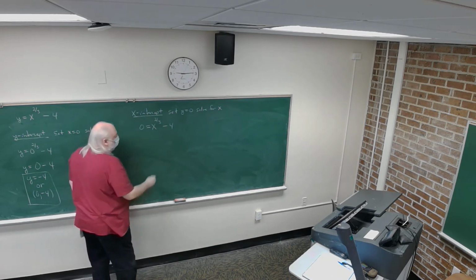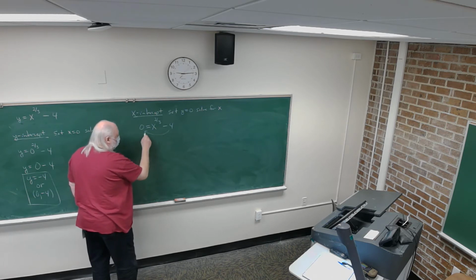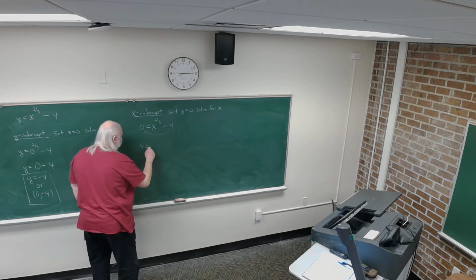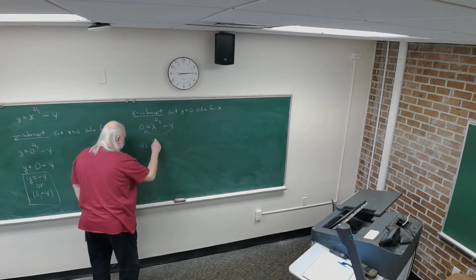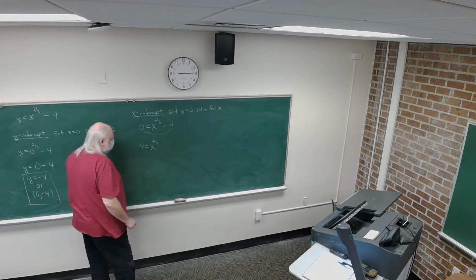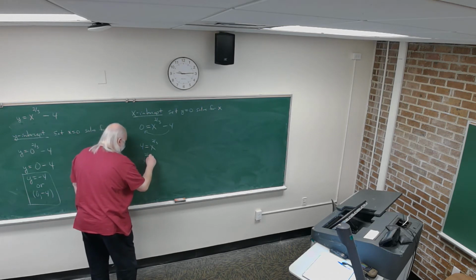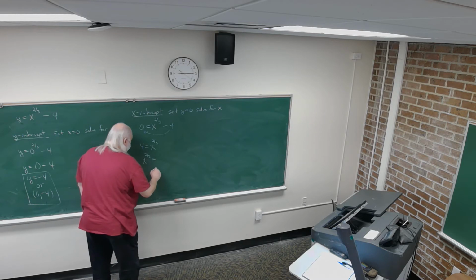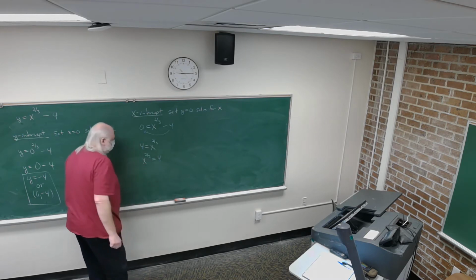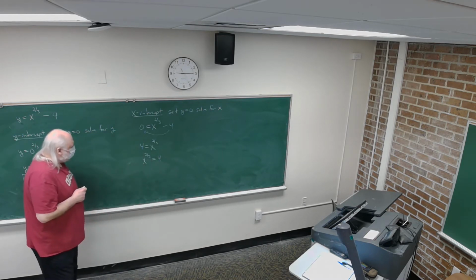So I'm solving for x, right? We add 4 to both sides. We have to isolate the x. We have 4 is equal to x to the 2/3, or x to the 2/3 is equal to 4. I just switch the two sides of the equation.